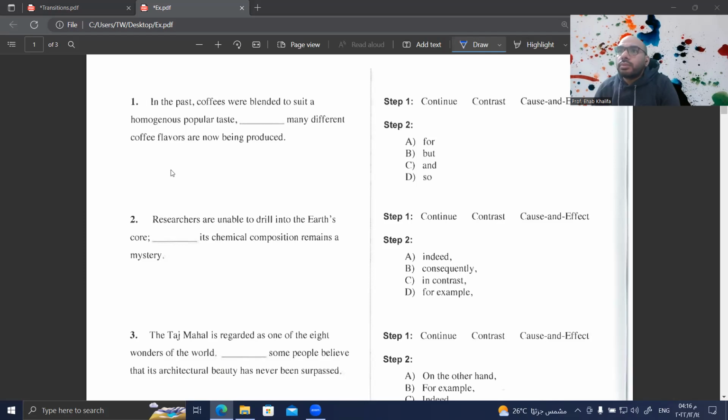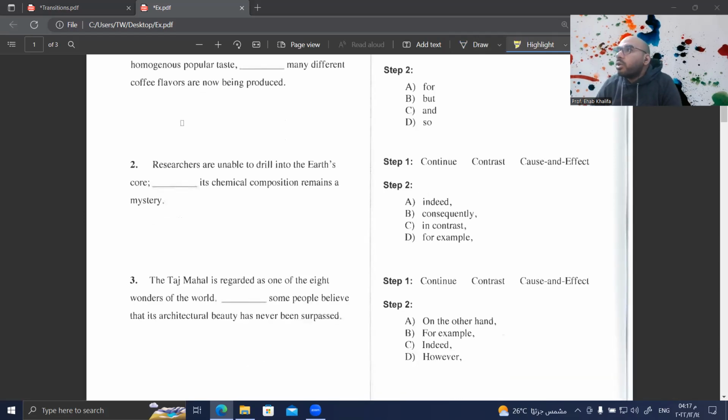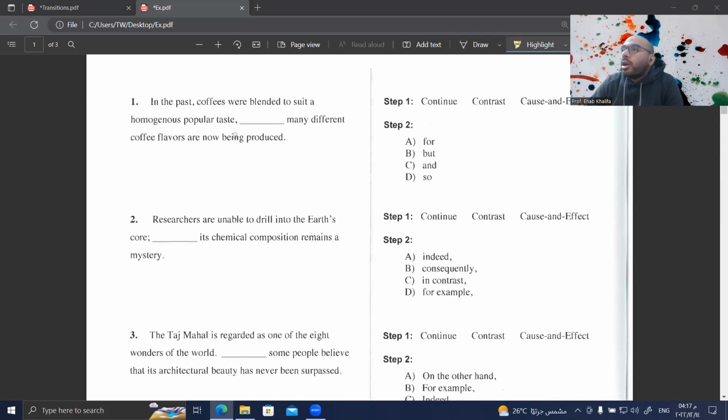Yes, miss. Explain it. Okay. You say now, you say contrast, but, right? Yes. Explain. Contrast means we have contradiction between what comes before and what comes after. Where is the contradiction?